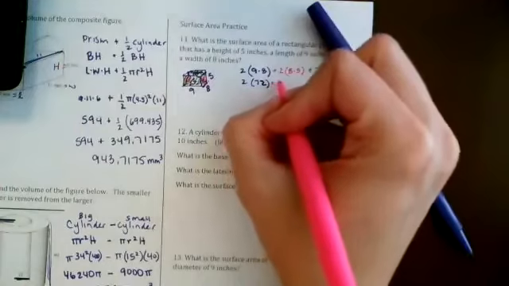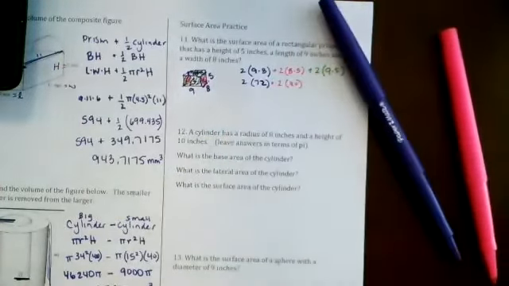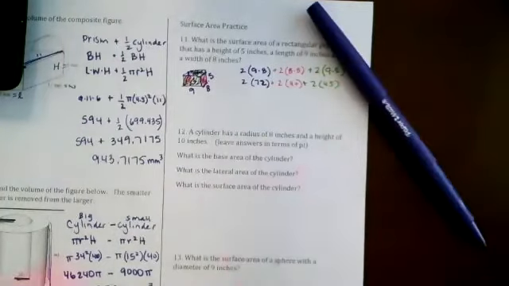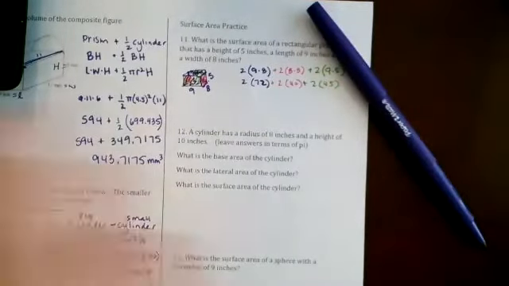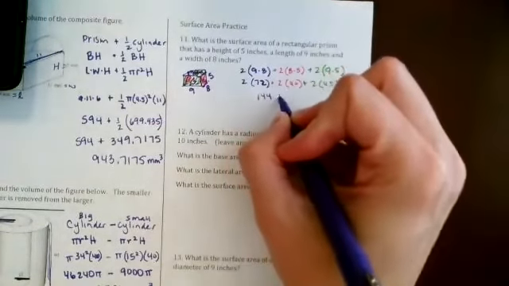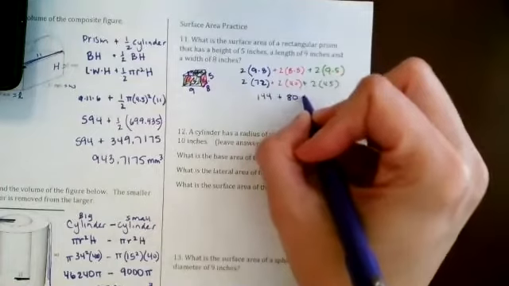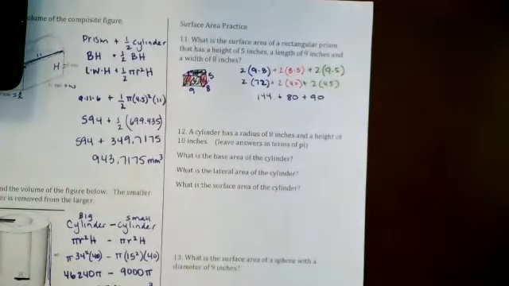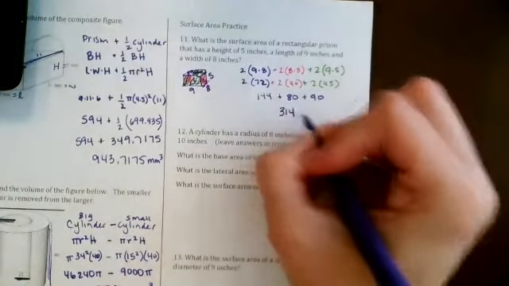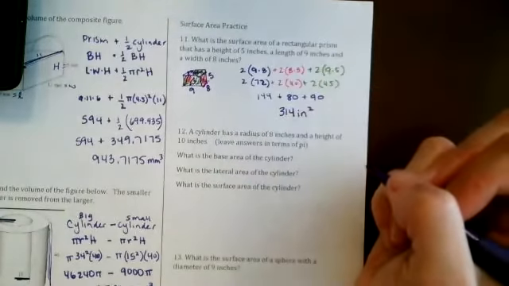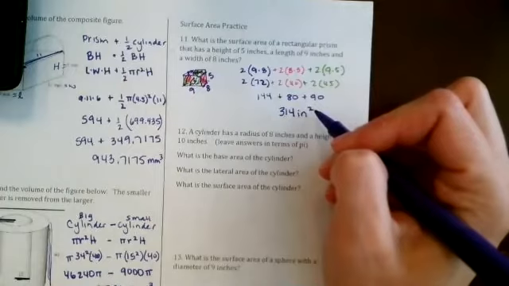I have 2 times 40. And I have 2 times 45. So the 2 times the 72 is going to give me 144, plus the 2 times 40 is 80, plus the 2 times 45 is 90. And then I'm just going to add all of those up. When I add all those up, I get 314. It's going to be inches squared. Okay, it's surface area, so they're in units squared.